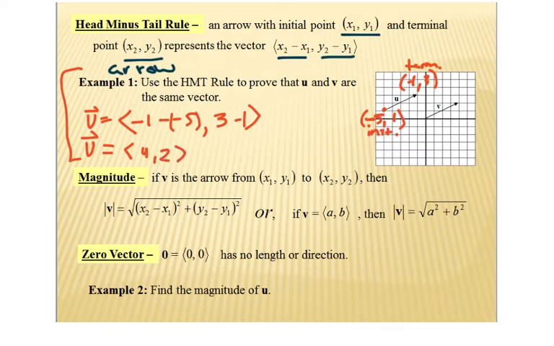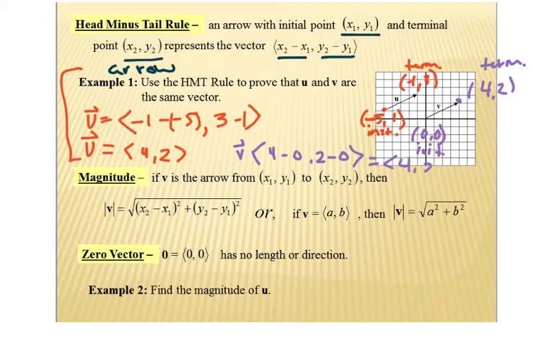And then to do the second one, we have our coordinate of 0, 0 as the initial, and then 4, 2 as the terminal. And so in order to get v, we're going to do 4 minus 0 and 2 minus 0, and so we end up with 4, 2 as well.